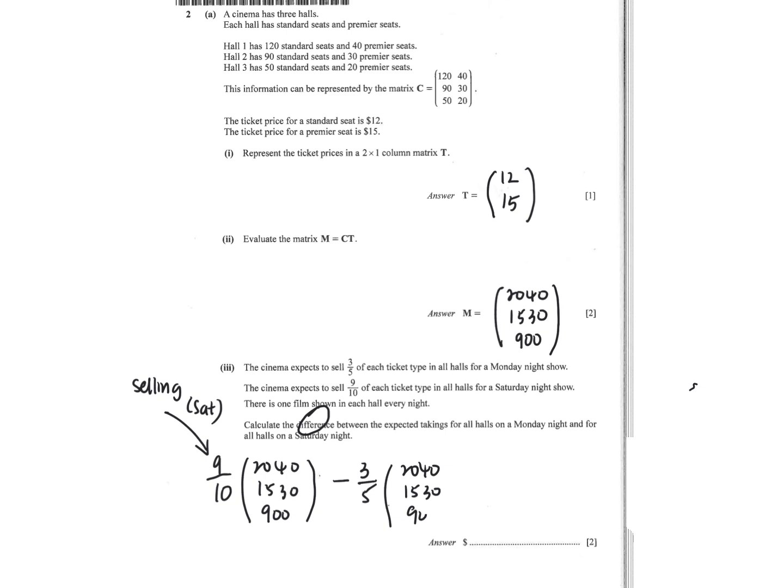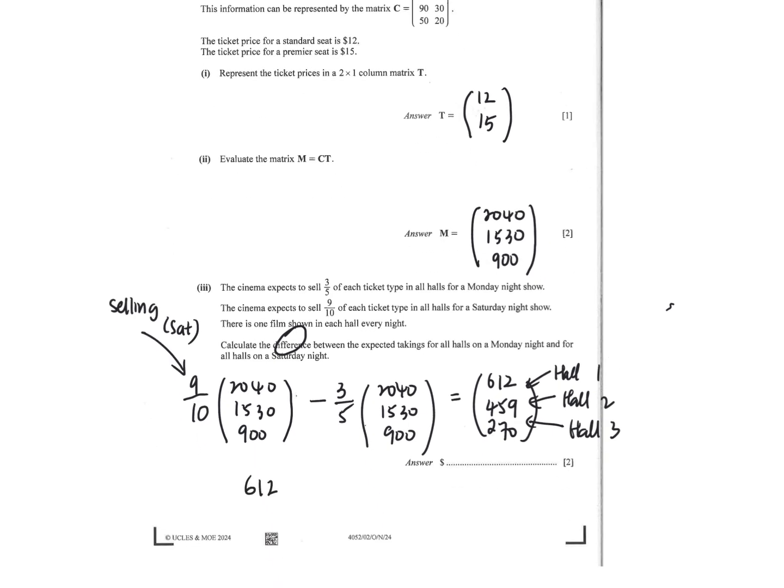Okay, always use the bigger number to subtract the smaller one for difference. And then you end up having 612, 459, and 270. Okay, the moment you have done that, this is for hall 1, hall 2, hall 3, yes. So total you got to add it up. So 612, 459 and 270.